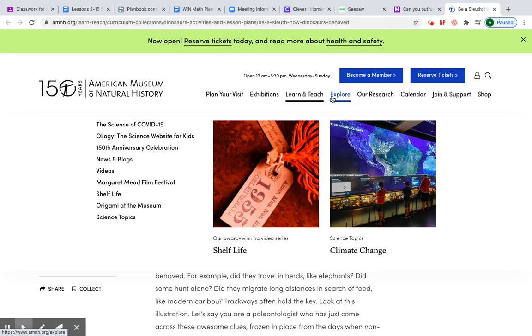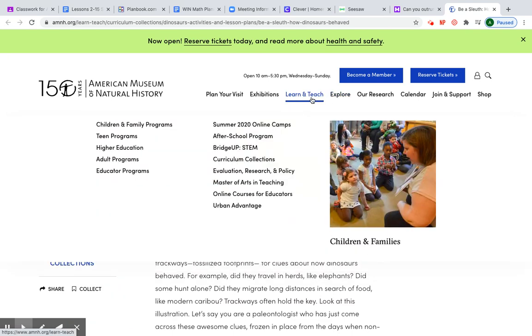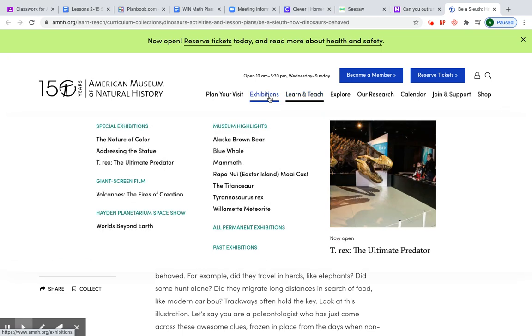Oh, my bad, it's right here. So you can check out under exhibitions here. You have things like T-Rex, the ultimate predator, the Titanosaur, that's a dinosaur, Tyrannosaurus Rex. And I'm just giving you the freedom right now.